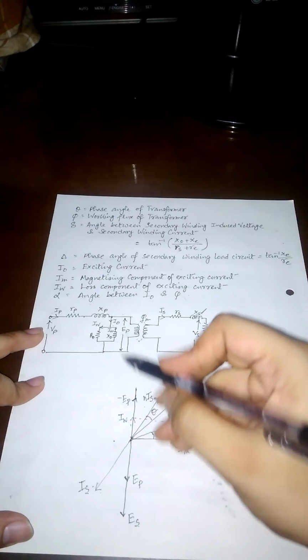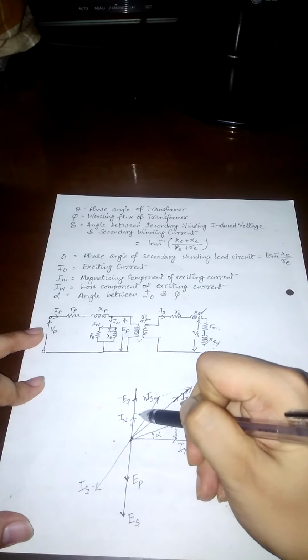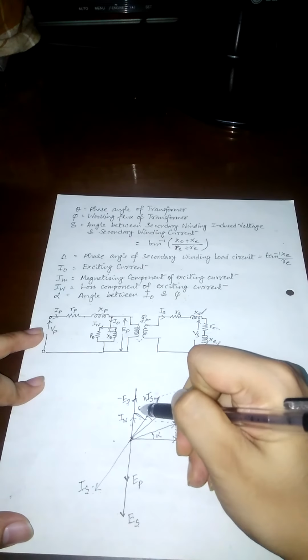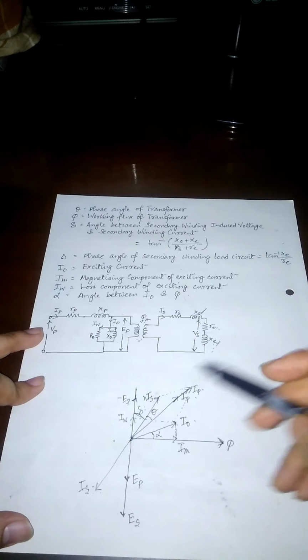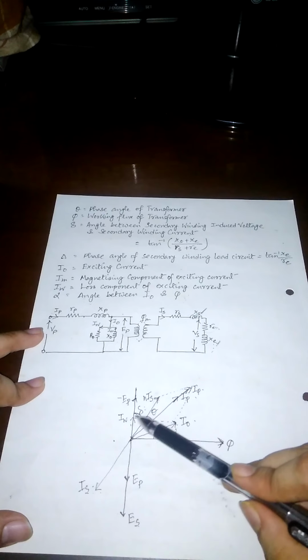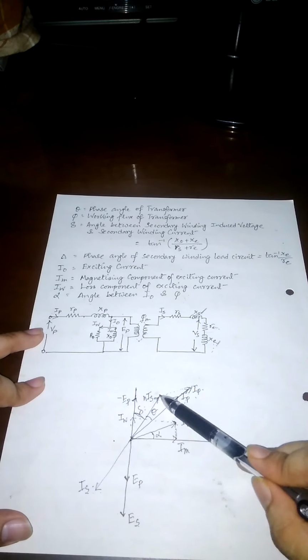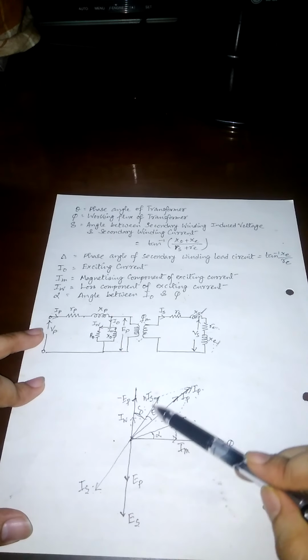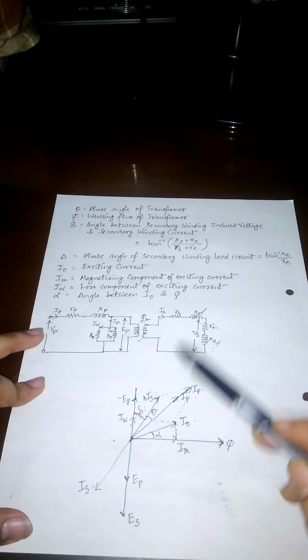And obviously this is sigma. This is the angle between this IW component and this IS component, or this primary winding voltage and the secondary winding current.